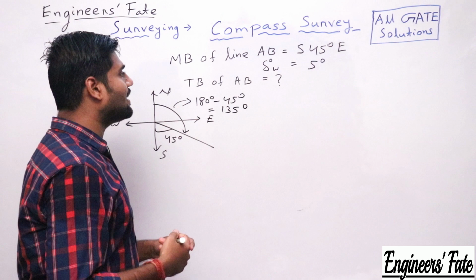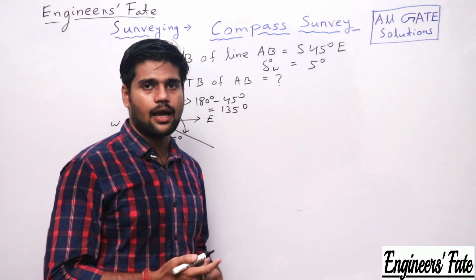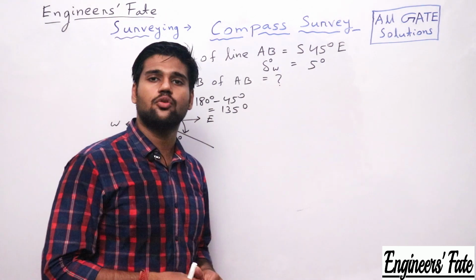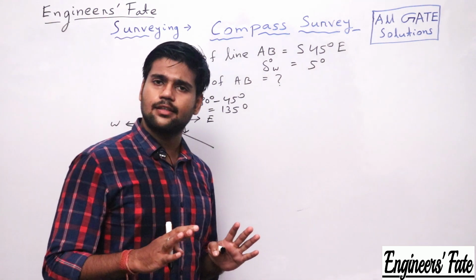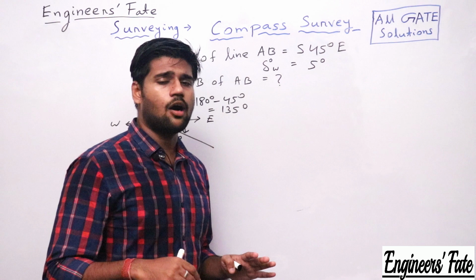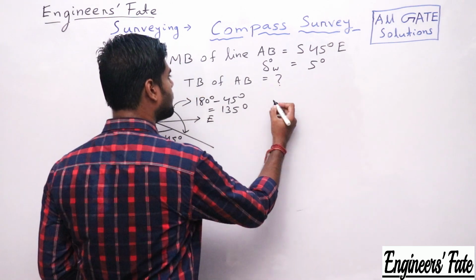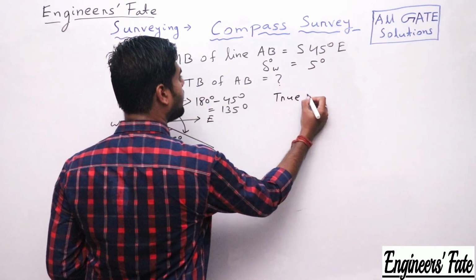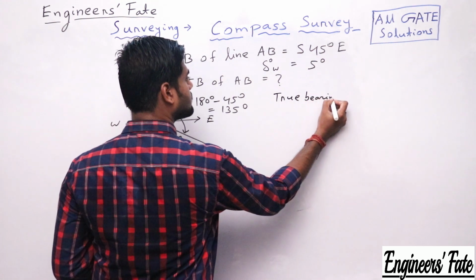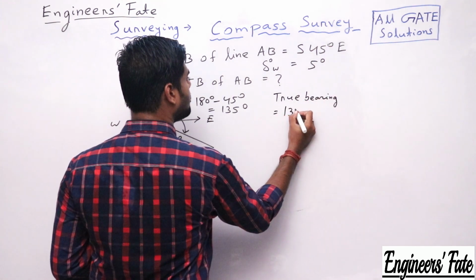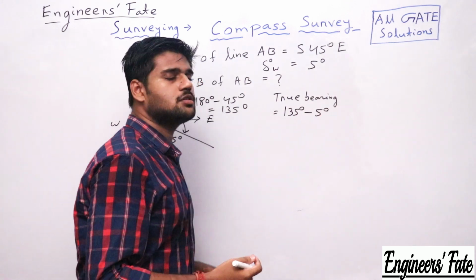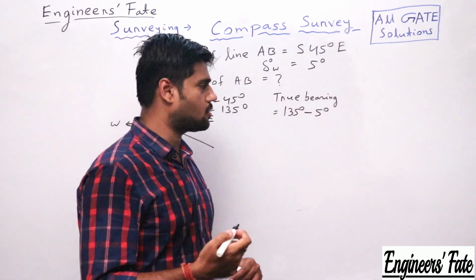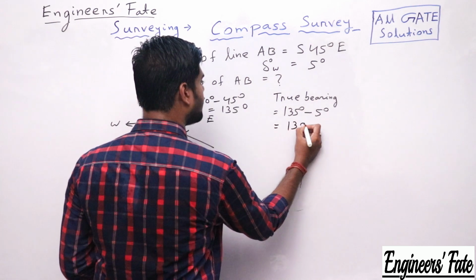Now the declination is given as west and it is 5 degree. I have told you, you don't have to remember anything. If the declination is given in west, then subtract it. So the true bearing will be 135 degree minus 5 degree, because the declination is given as west. So this will be 130 degree.